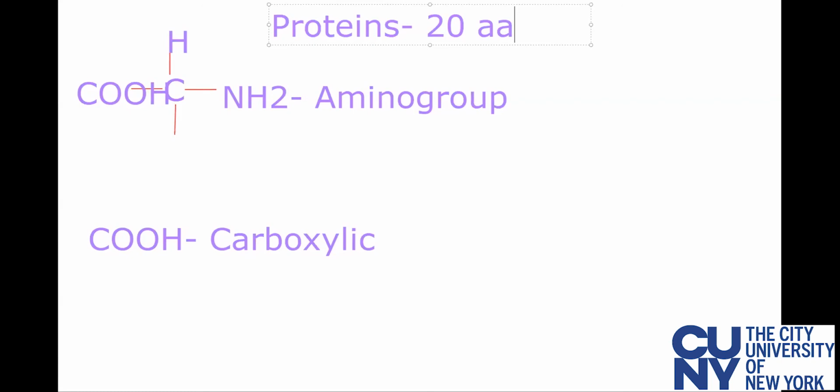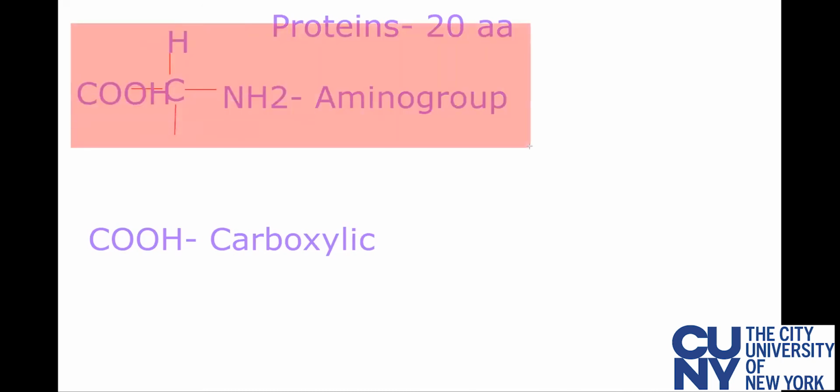amino acids. Now, in these 20 different amino acids, this portion is very similar: the carboxylic group and the hydrogen are in all 20. So how do these 20 amino acids differ from each other? They differ in the fourth thing, which is called the R group.